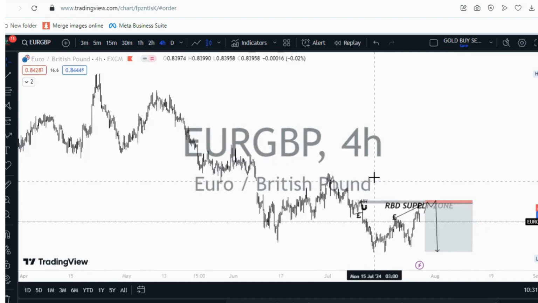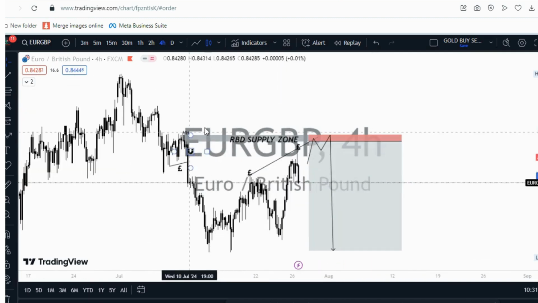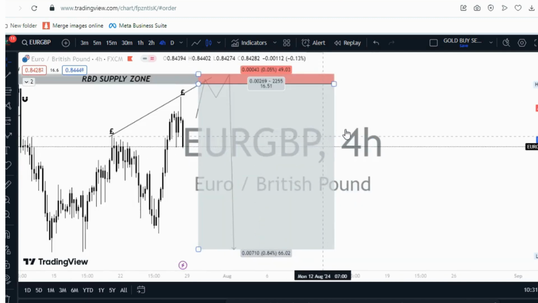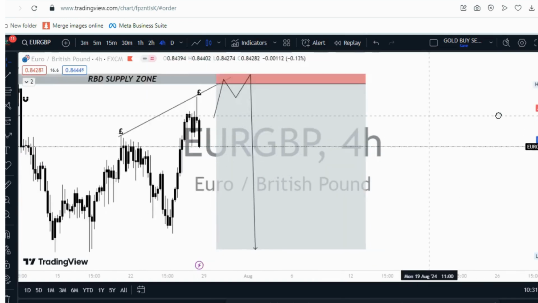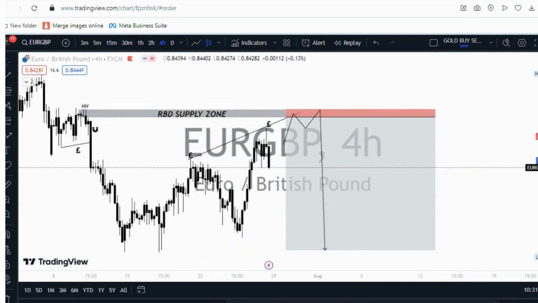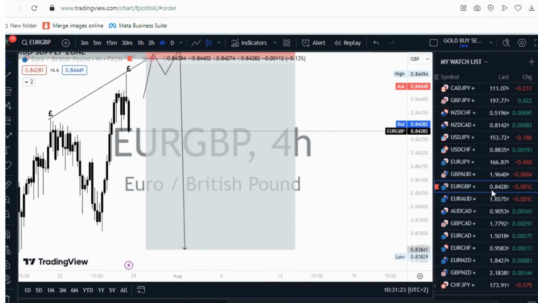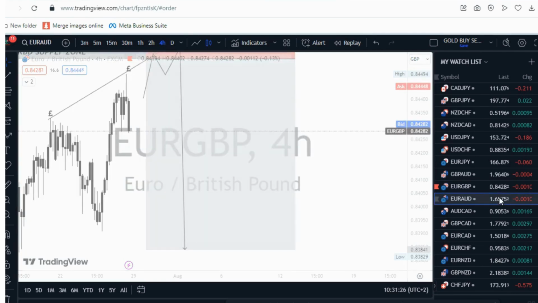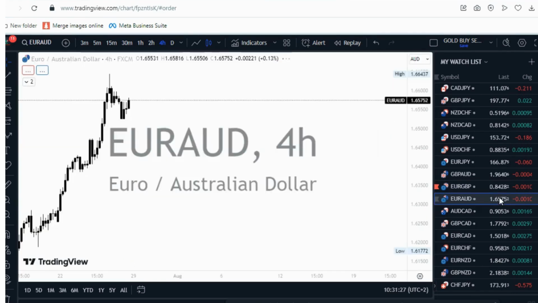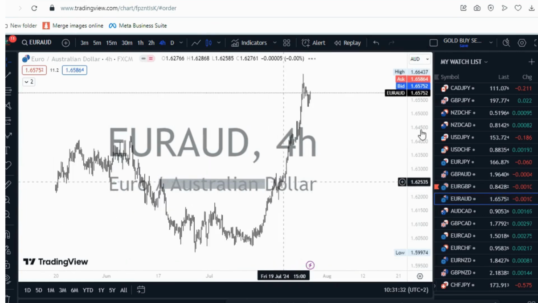Then I find the nice rally based drop supply zone. Then I wait for the market to come into this area, and once the market comes to my area, I'll be ready to execute. Remember, I don't use pending orders. What I use is alerts. I'll put an alert there, and once the market comes to my area, I'll be alerted and I'll make a decision whether to buy or sell. That is very, very important to understand.